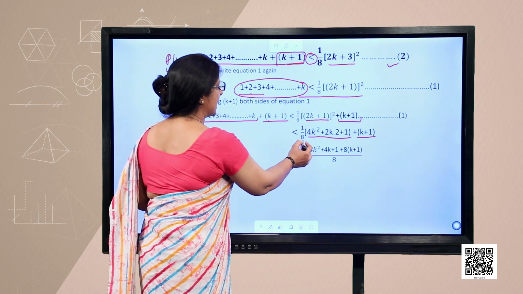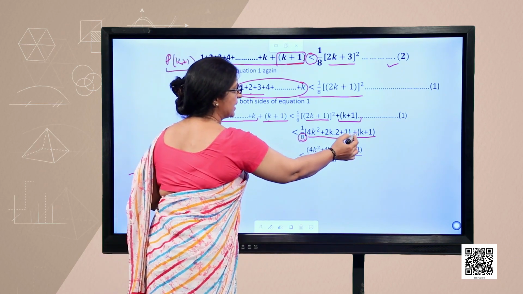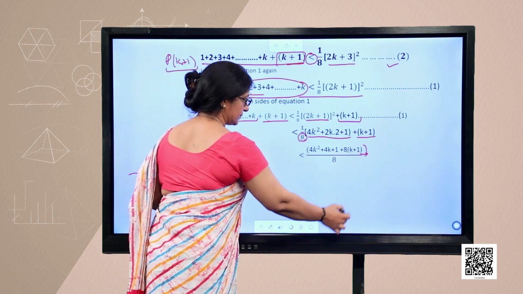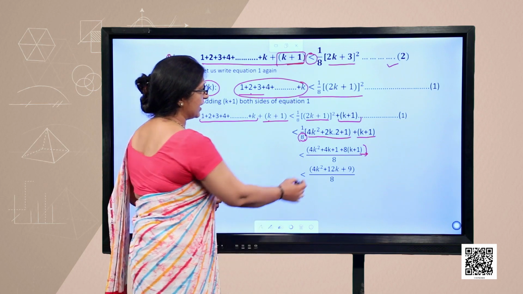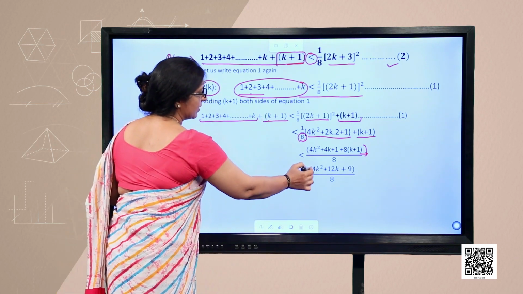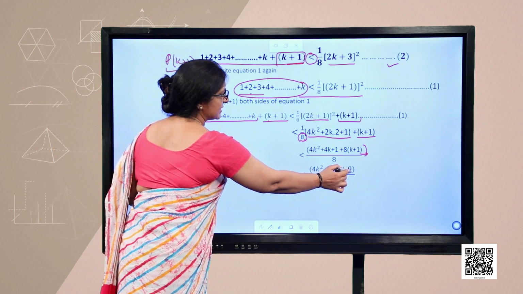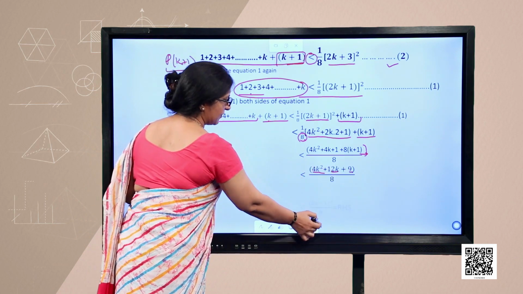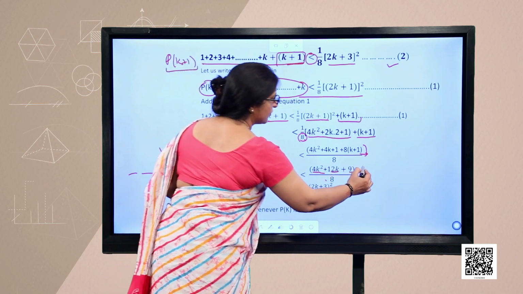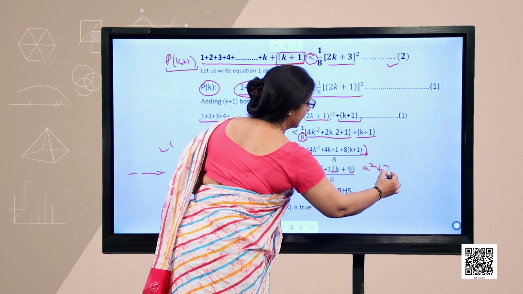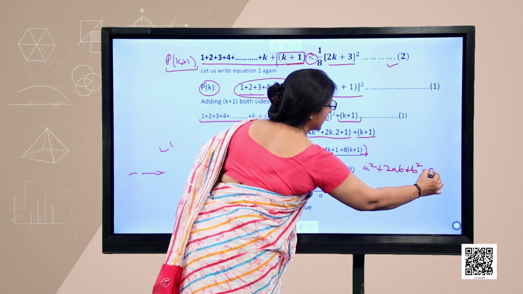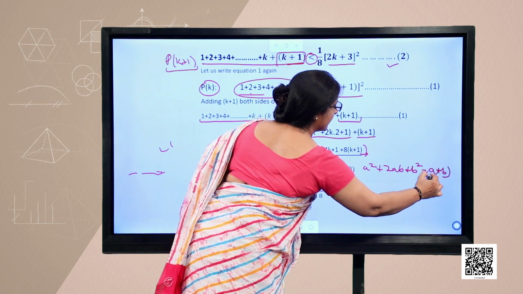Now, taking 8 as LCM, this will be multiplied by this expression and this expression becomes like this. Further solving it, this whole thing is less than 4k square plus 12k plus 9, and this is the formula for 2k plus 3 whole square because we have used this identity here, which is equal to a plus b whole square.